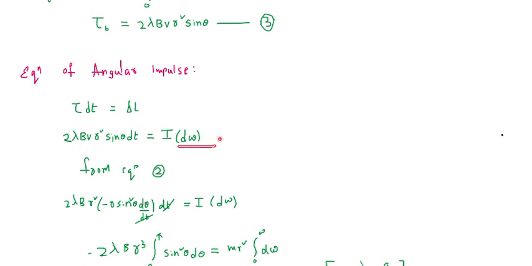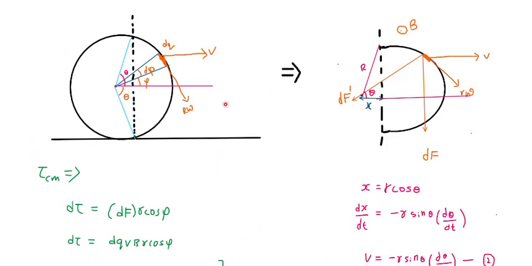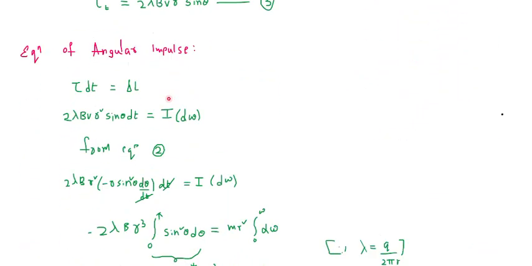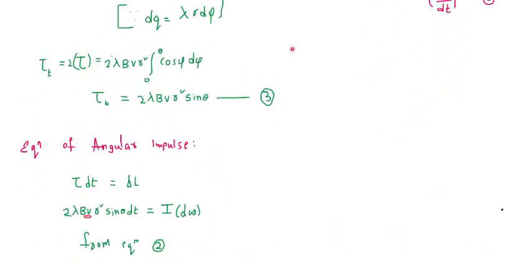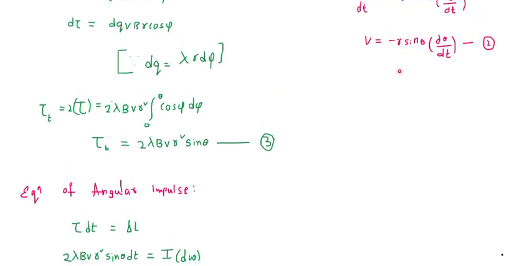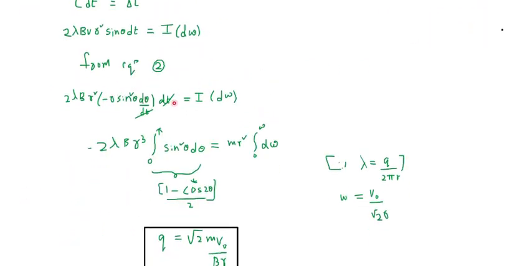I write d omega because the angular velocity is changing with respect to position and time. In place of velocity, we substitute equation 2, minus r sin theta d theta by dt. So dt cancels here, and we get minus 2 lambda B r cube sin square theta d theta equals m r square d omega. We can easily integrate it, since it is already in integrable form.